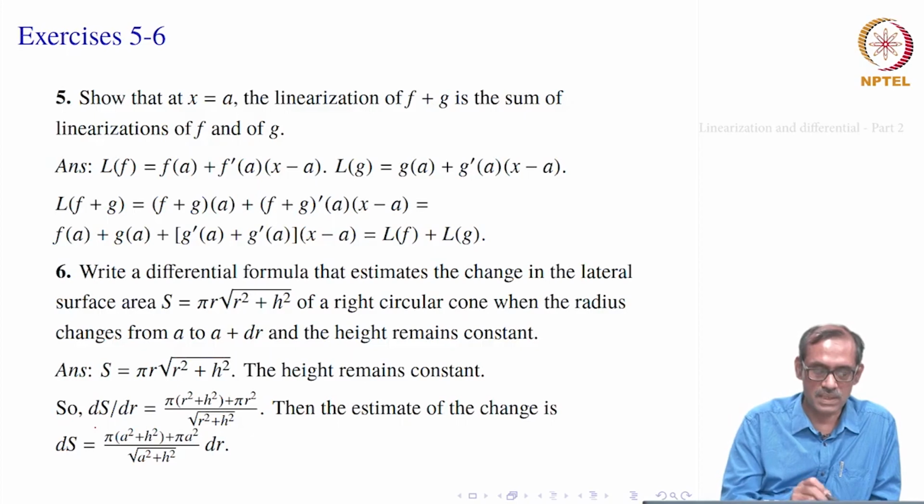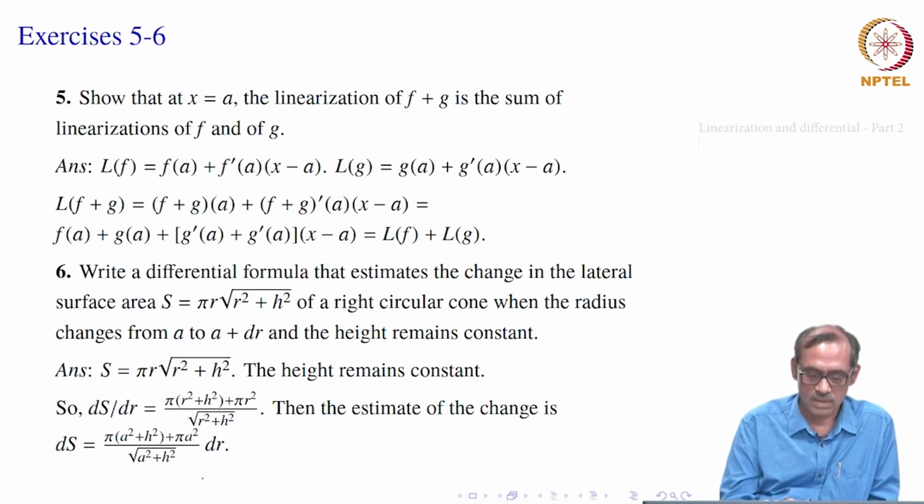So, now we take ds by dr, which is pi r into square root of r square plus h square, it is a product. So, you take the square root of r square plus h square and the derivative of r, which is 1, plus pi and then r into the derivative of the square root of r square plus h square. So, that gives you this expression, pi into the square root of r square plus h square plus pi r square divided by the square root of r square plus h square.